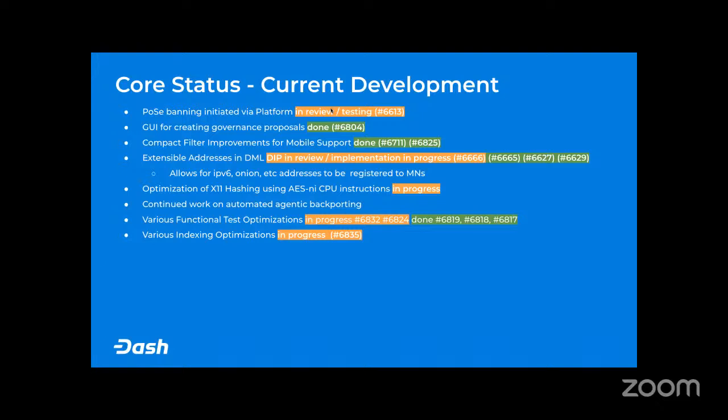So one of these PRs enables compact filters by default for masternodes. It uses a little extra disk space, but overall the overhead is pretty low. We're also now including the special transaction information inside of the compact filter, so that you can check whether there's a special transaction that you're interested in a block as well.